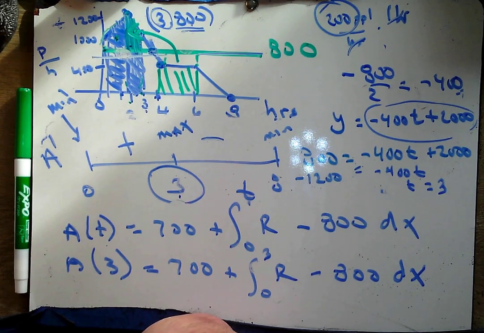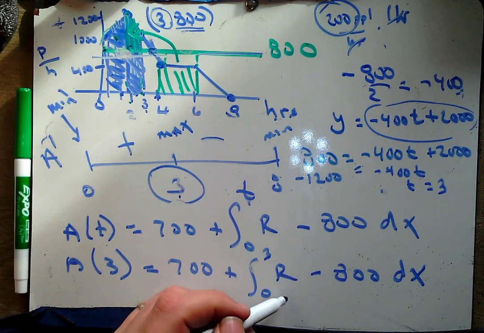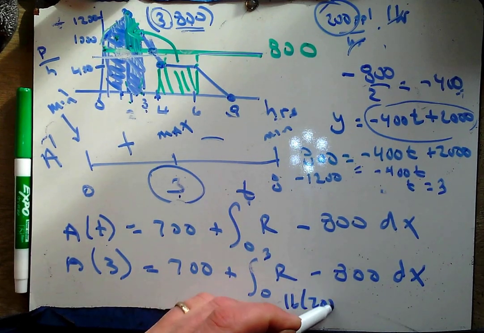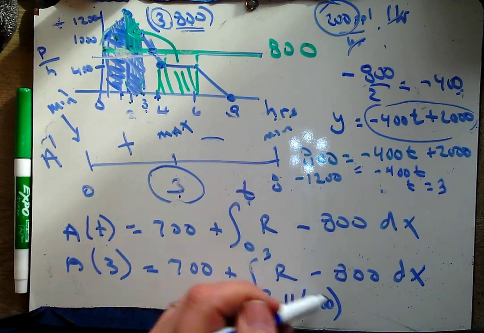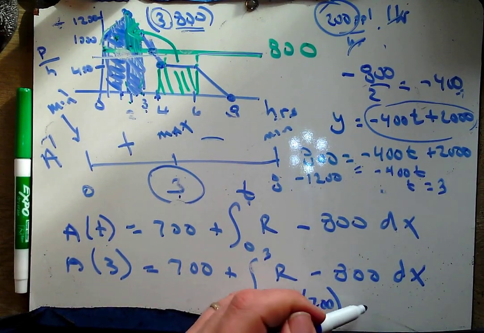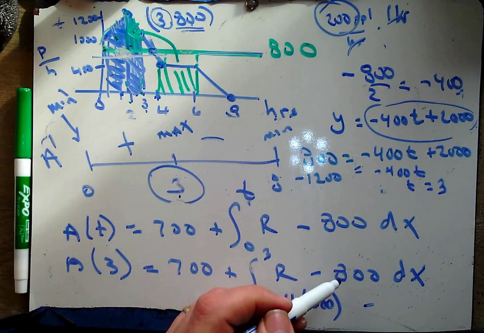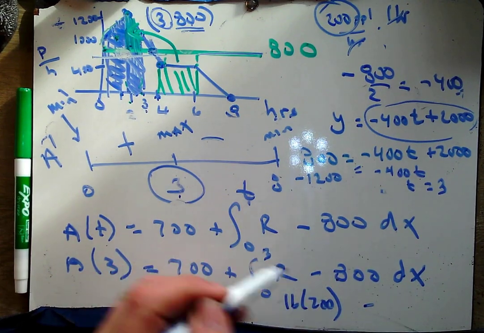How many boxes are there? 3, 6, 9, 12, 13, 14, 15, 16. I get 16 boxes. So that's 16 times 200. Now remember, not only do we have these 16 boxes of people showing up, but we also have 800 from 0 to 3.